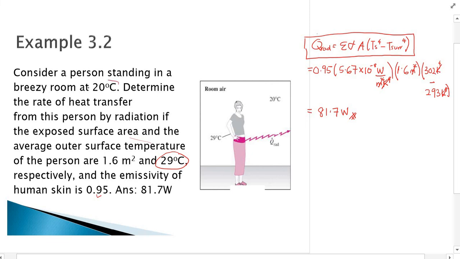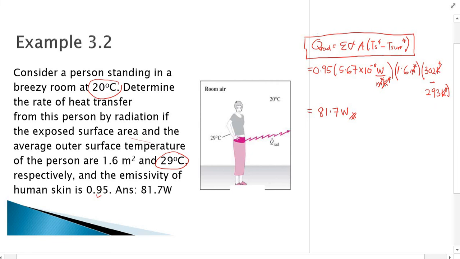And your T surrounding is 20 degrees Celsius, which is equal to 293 Kelvin. So plug in all these values in your calculator and solve for Q rad. Your rate of heat transfer by radiation is equal to 81.7 watt.